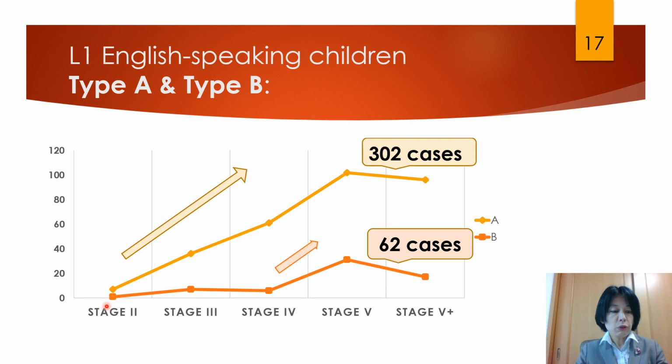At Stage 2, only 7 cases were observed, while at Stage 5, 102 cases belonged to Type A. The development of Type B was later than that of Type A. Type B increased from Stage 4 with 6 cases to Stage 5 with 31 cases.